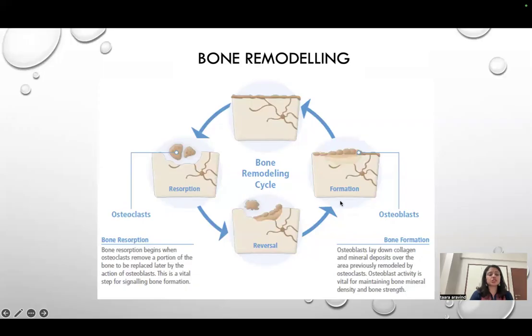In the bone formation stage, activated osteoblasts lay down new bone material until the resorbed bone is entirely replaced by new bone. During this phase, there are periods of rest, just like in any other mineralized tissue. This bone is deposited periodically, and between each session there are periods of rest.